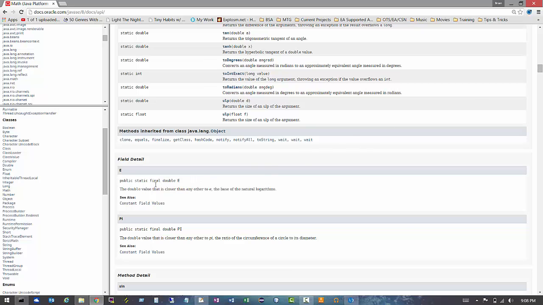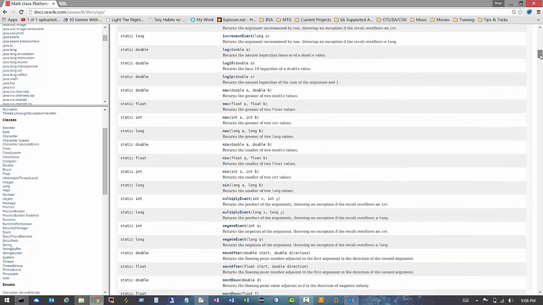So, like I said, you'll see e and pi are both constants, and then there's a bunch of static methods and nothing else.